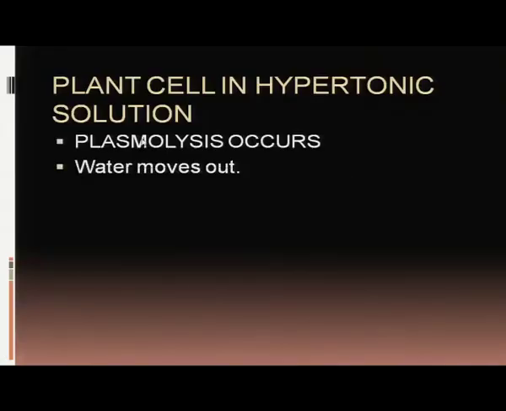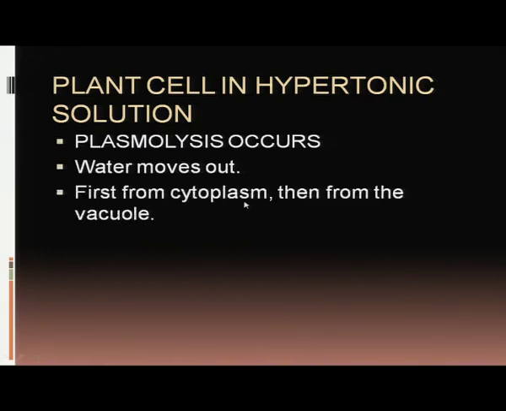So, in a hypertonic solution, water will move out. Remember, the animal cell would have become shriveled or shrunken, but since there is a cell wall in plant cells, they do not shrink. The water moves out from the cytoplasm and then from the vacuole also, since the cell wall cannot shrink, but the protoplasm can.